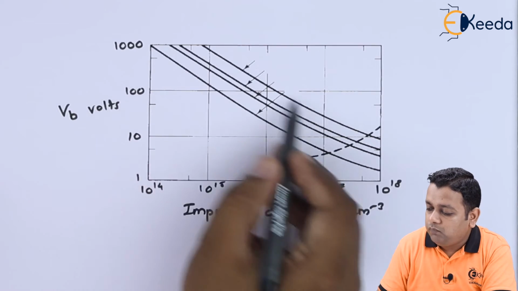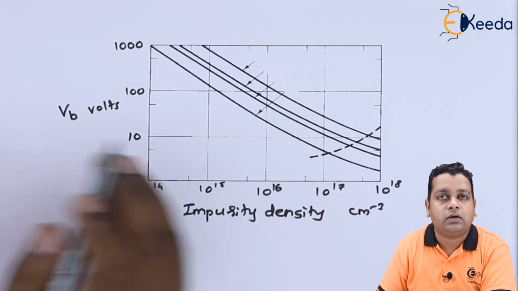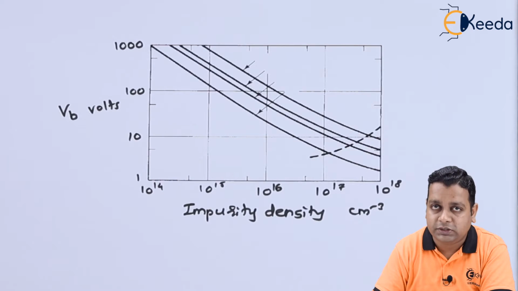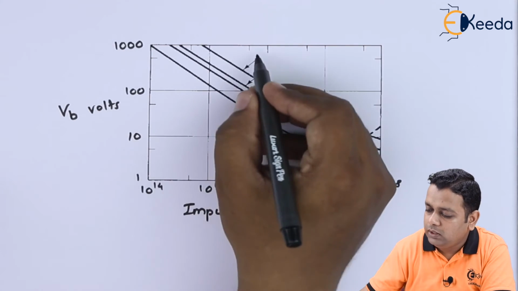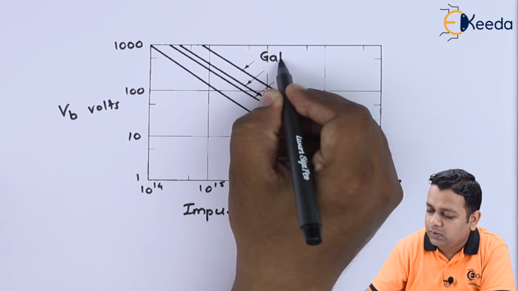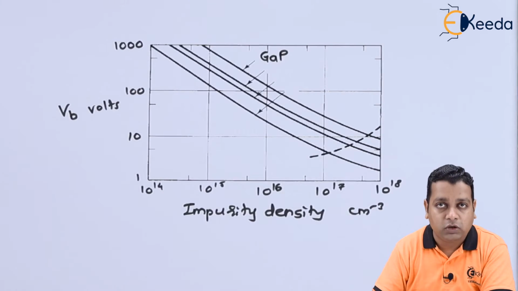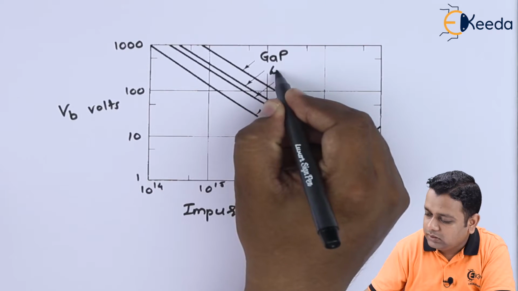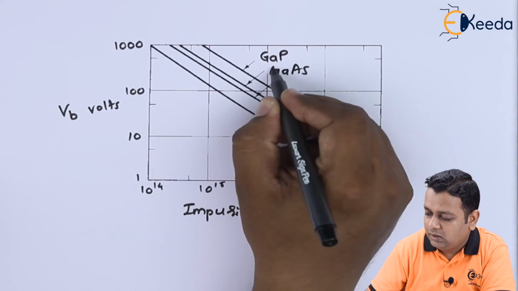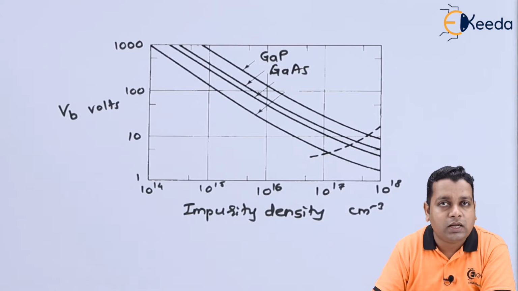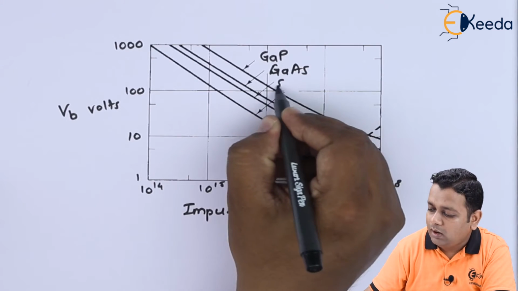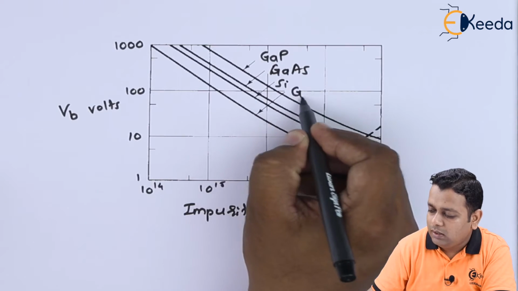Now we see 4 curves corresponding to different types of semiconductor materials under consideration. First of all we represent the curve for gallium phosphide. After gallium phosphide we also use gallium arsenide. And after gallium arsenide we have the very popular semiconductor materials, silicon, and next to that germanium.